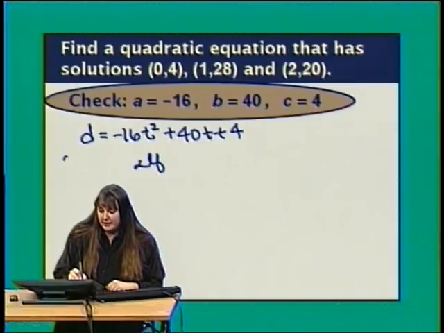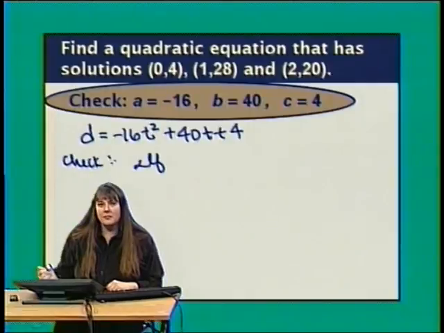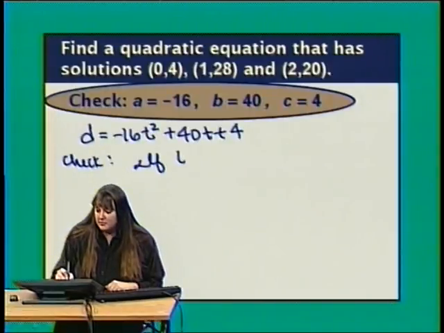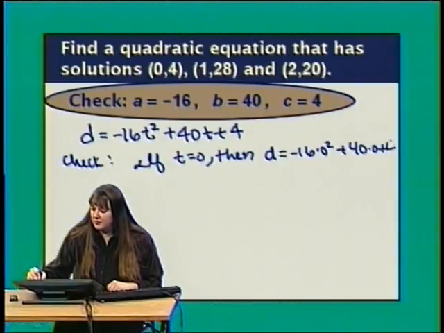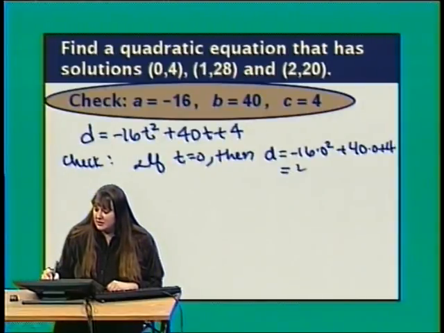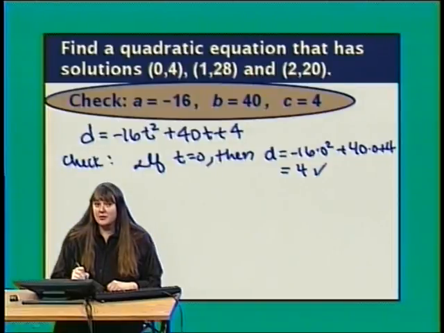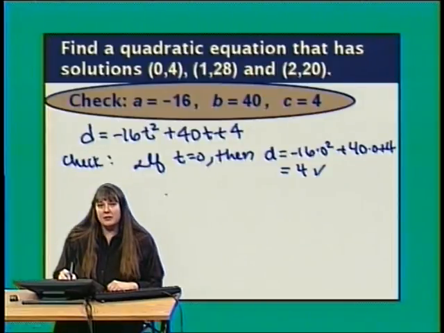So for my check, if t equals 0, then d equals negative 16 times 0 squared plus 40 times 0 plus 4, which indeed is 4. So that checks.